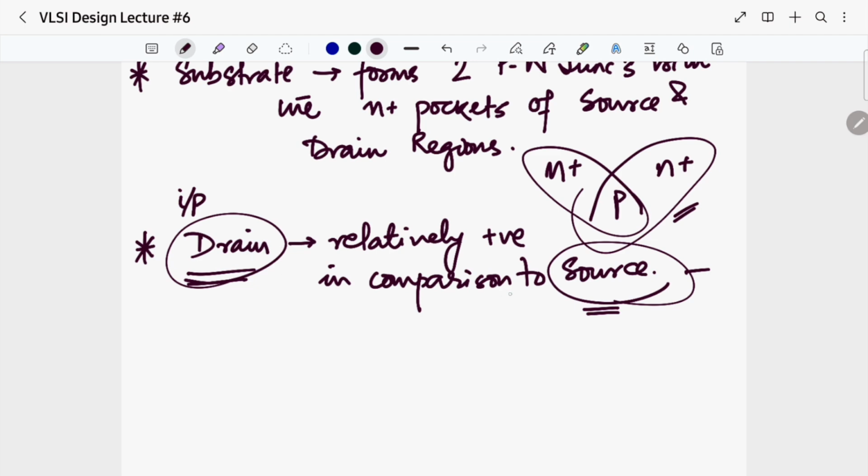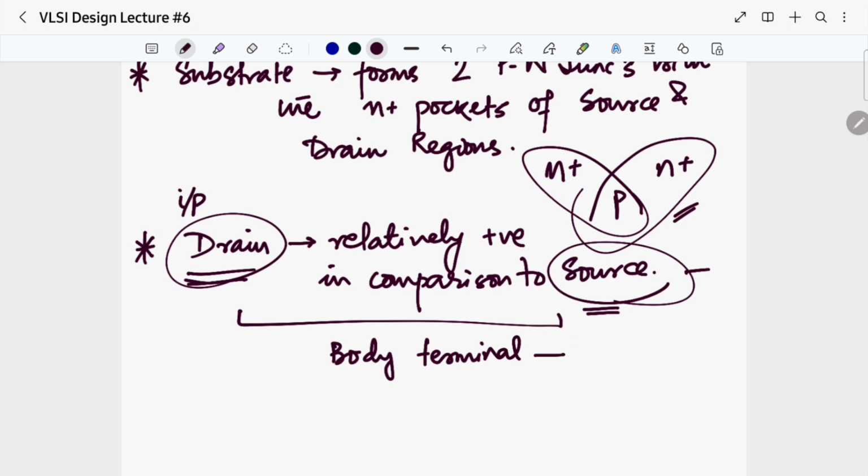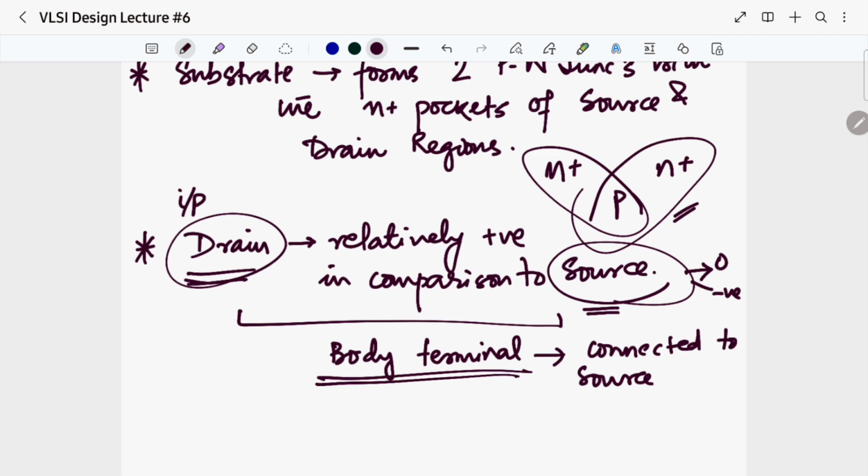So when we are doing this, the body terminal will be connected to the source terminal. Whatever we are giving, either 0 volts or some negative voltage, that same thing will be connected to our body terminal.